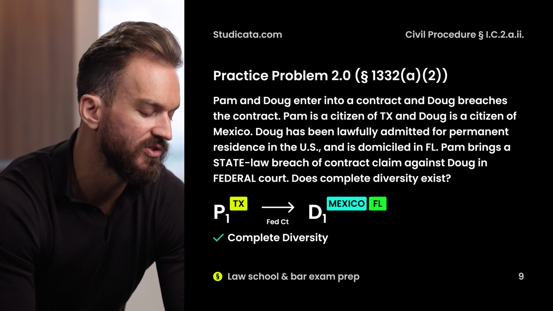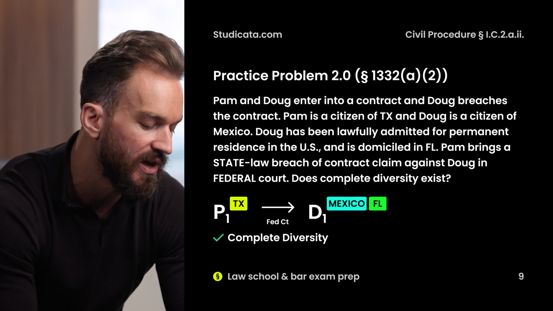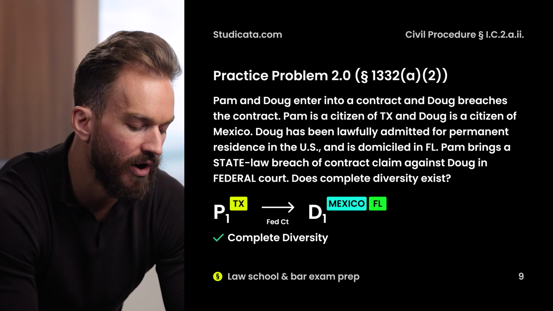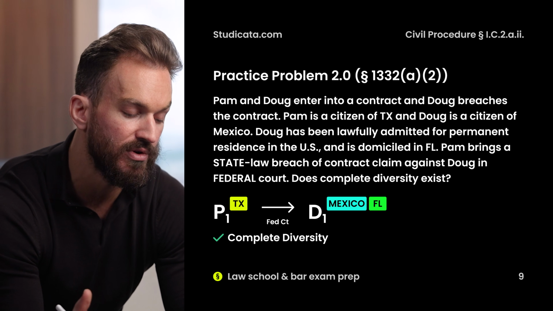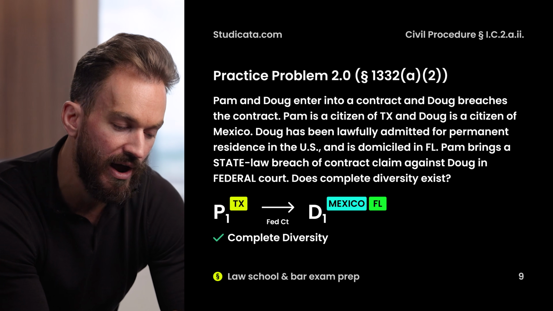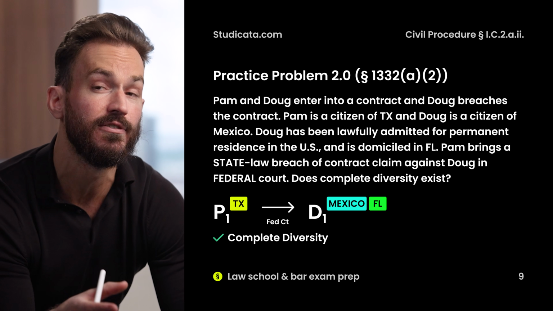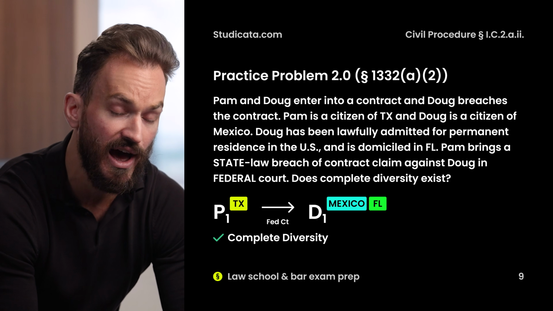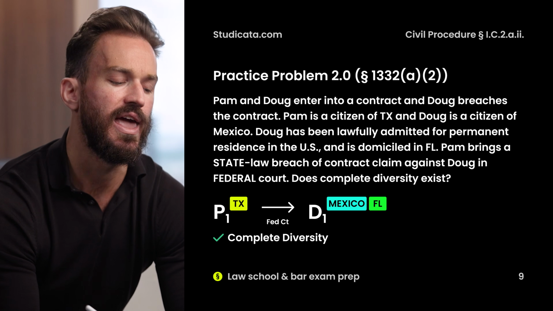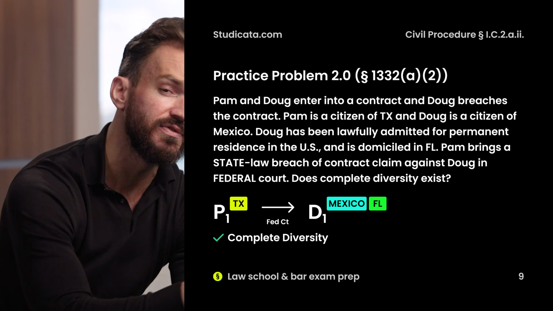Complete diversity exists because the action is between citizens of a U.S. state and a citizen of a foreign state. The permanent resident exception does apply, but that permanent residence is actually in Florida. Doug is a permanent resident, but he's domiciled in Florida, which is diverse from Texas.